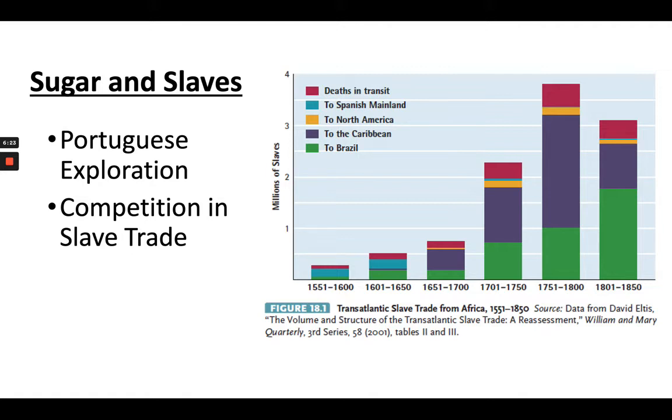So Portugal really will establish outposts, fortresses, all along the coastlines of Africa. And one of the things that Portugal's trade empire is going to have to do is, since they are just located on ports, they have to work with local African rulers.